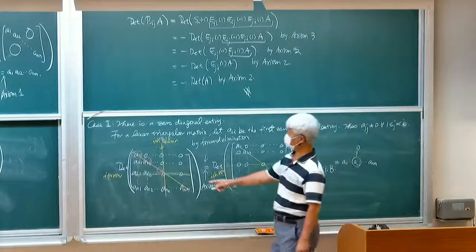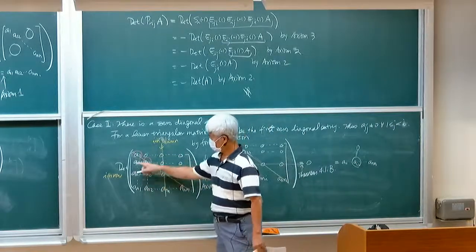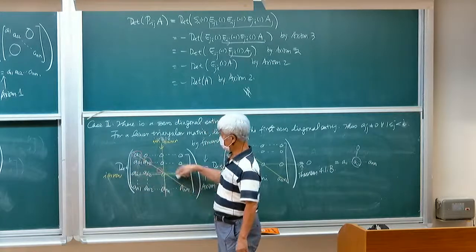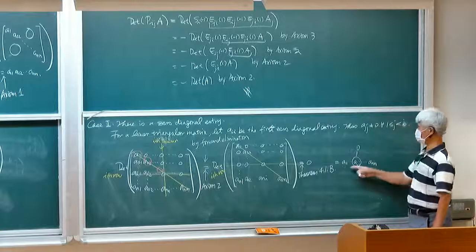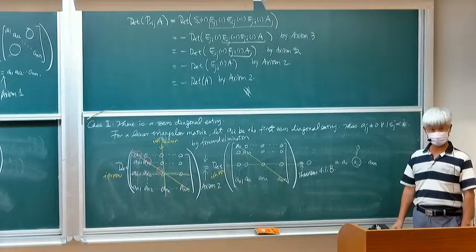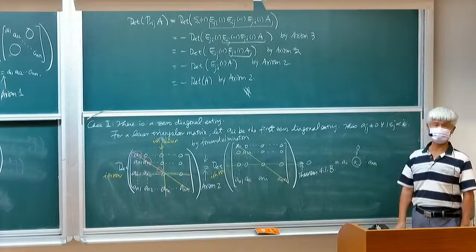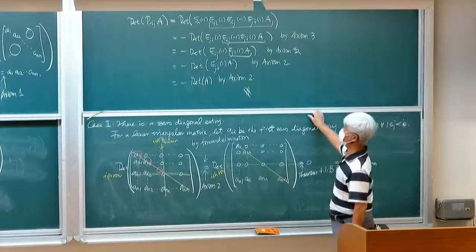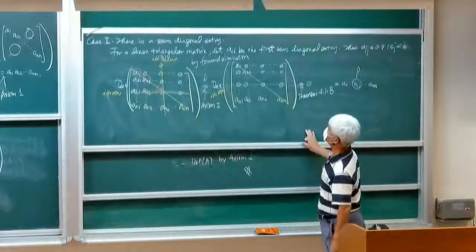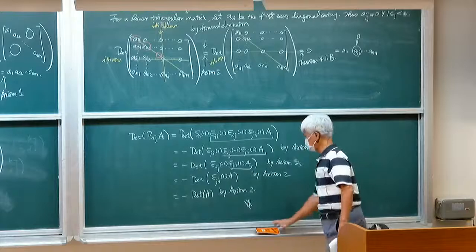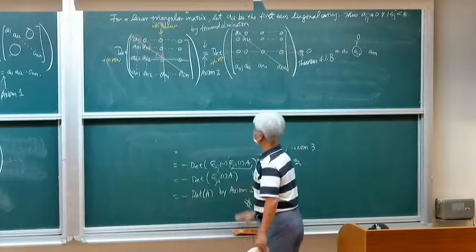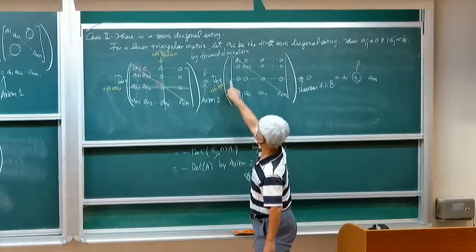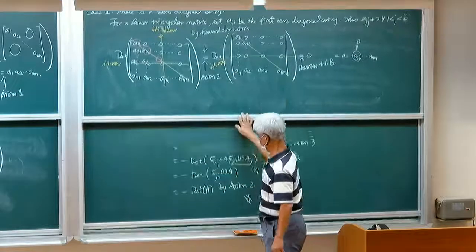So the determinant of this lower triangular matrix is equal to the product of these diagonal entries. The value is 0. So we have this one by forward elimination.